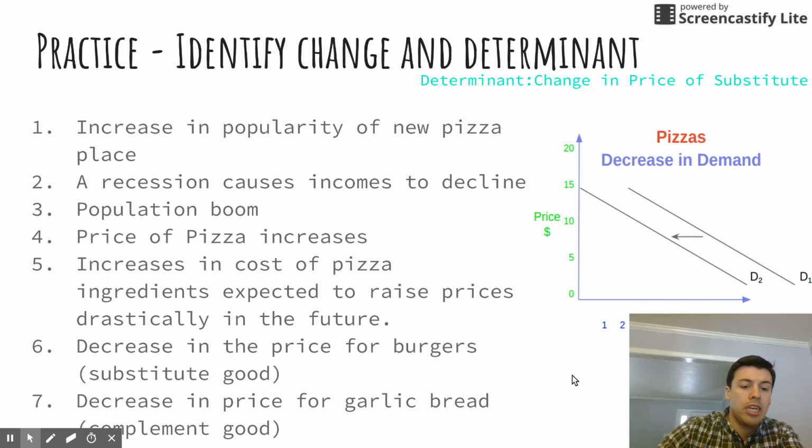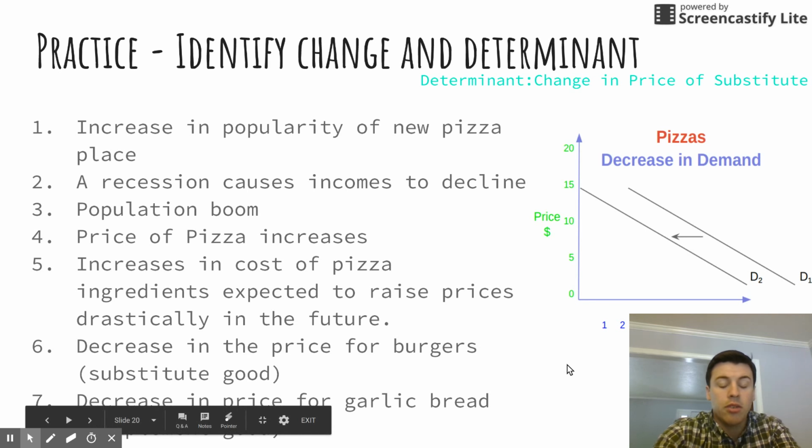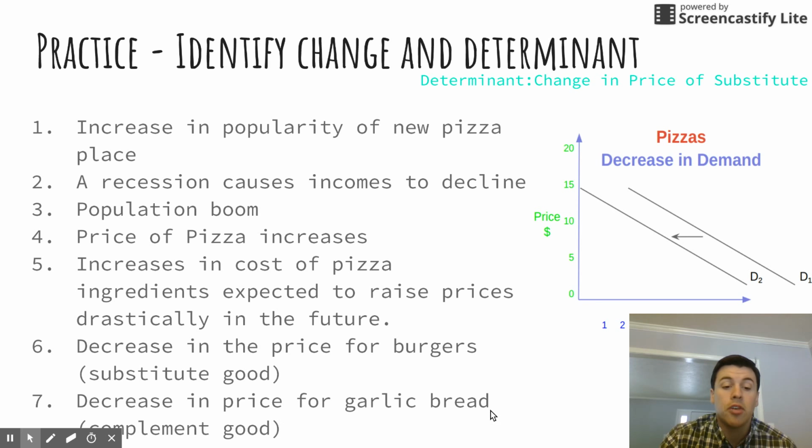All right, and number 7, decrease in the price of garlic bread, which we are identifying as a complement good, things that go together.